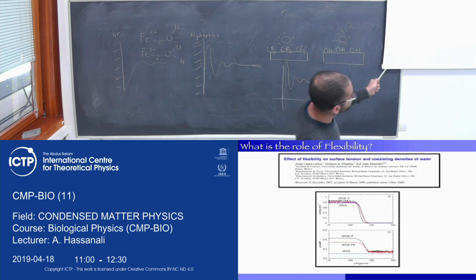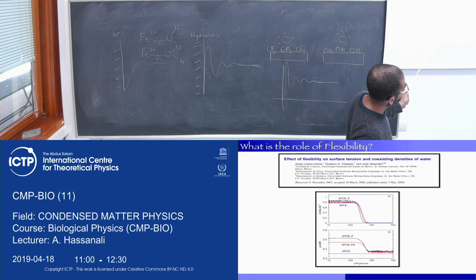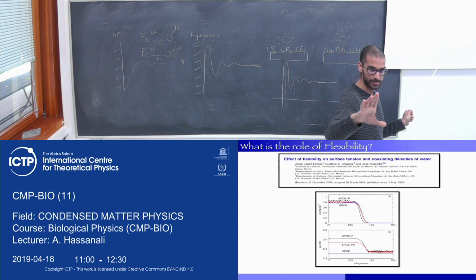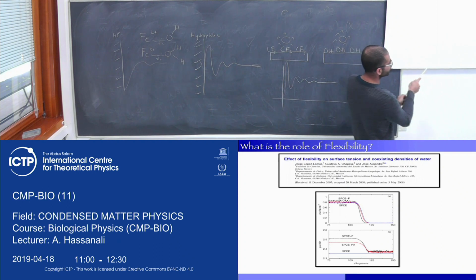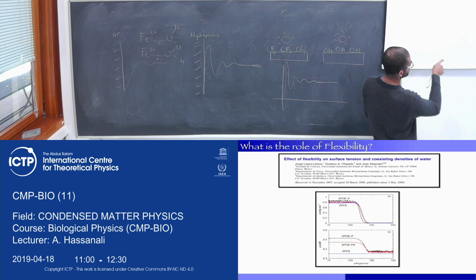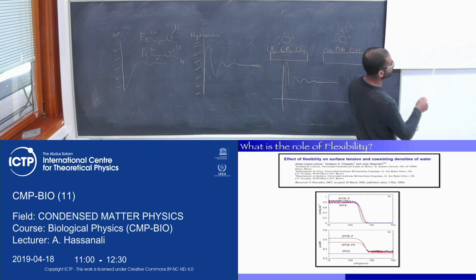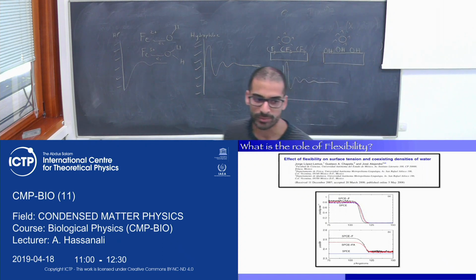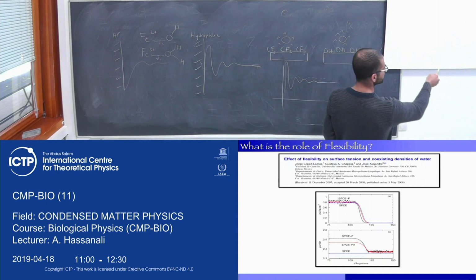This tells you that if you look at the dipole moment of water in a rigid model, as you go across this interface, details are not important, you see that the dipole is constant. But this is not true. In reality, there's a gradient.